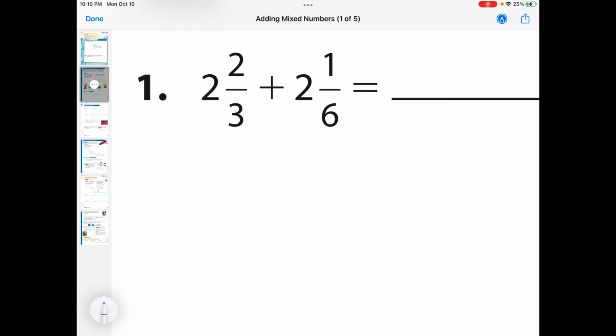So again, I'm going to multiply 2 times 3, and then I'm going to add the 2 on top. So 3 times 2 is 6, plus 2 is 8. And so I'm going to put 8 over 3, okay? And I'm going to keep my equation going, and then I'm going to multiply 2 times 6 is 12, plus 1, and that's going to be 13.